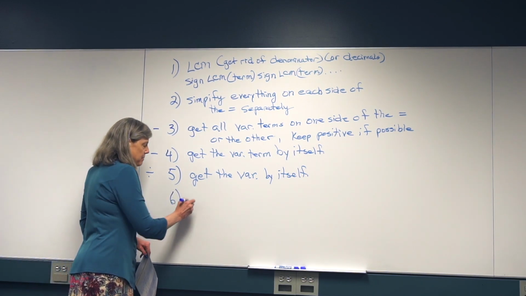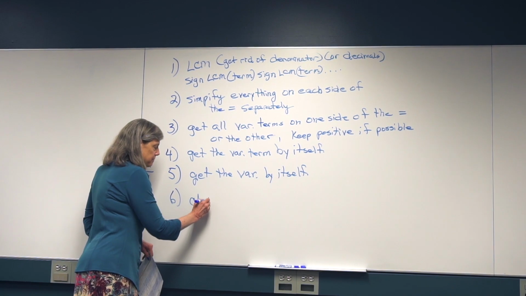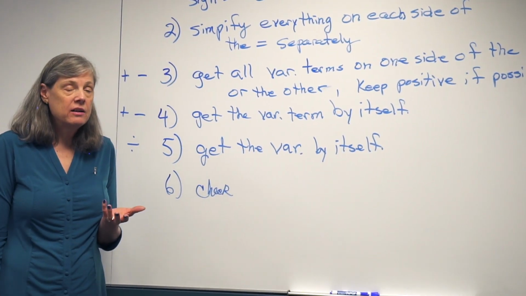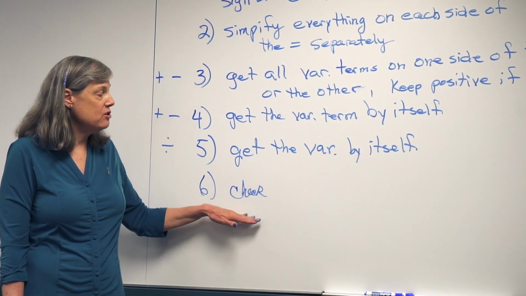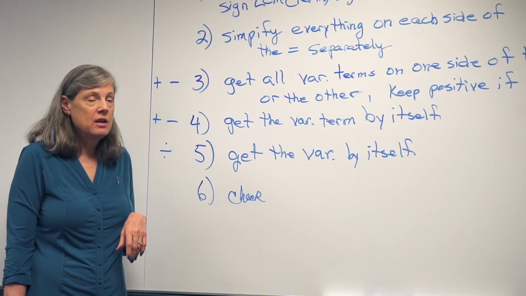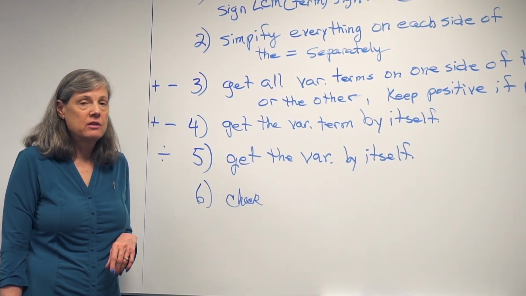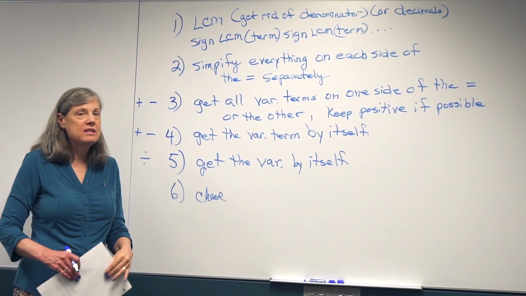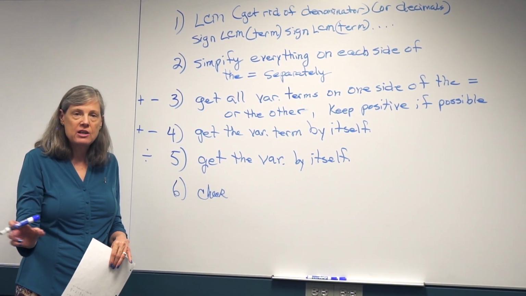Our last step is to check. Okay? When you check, you always put your answer back into the original equation, wherever the letter is, and then you do all the calculations down one side and all the calculations down the other.